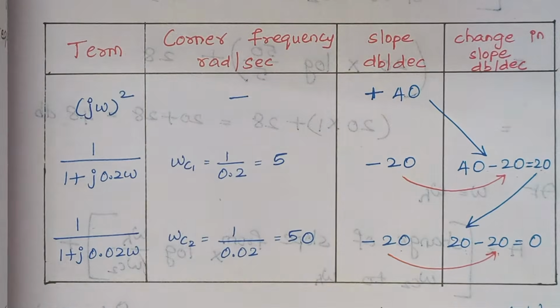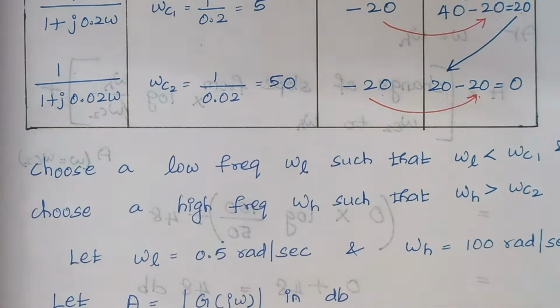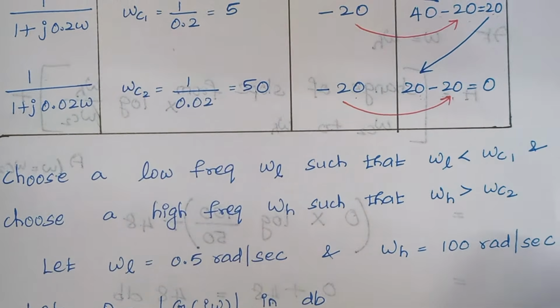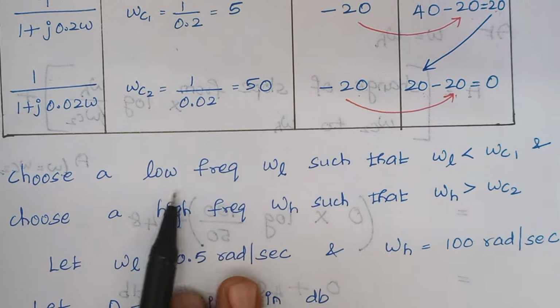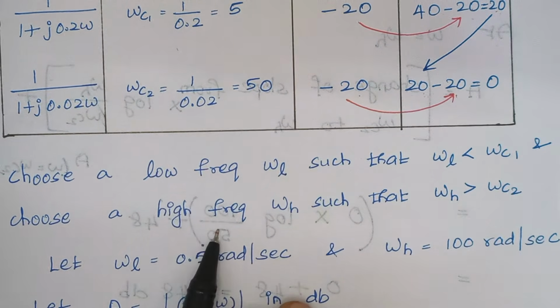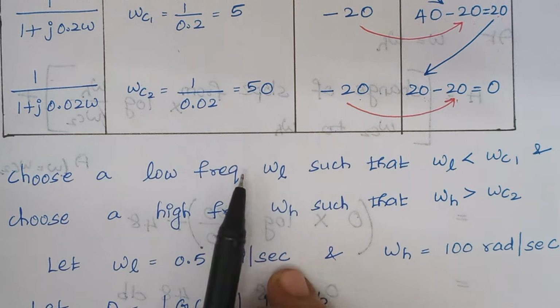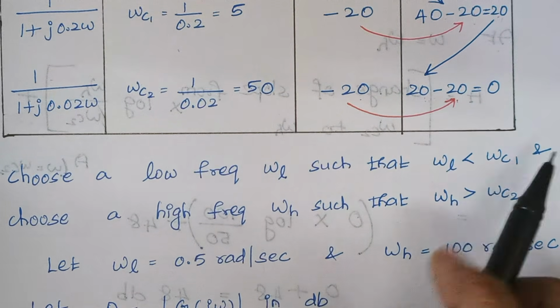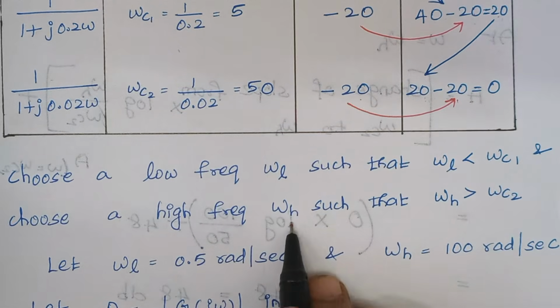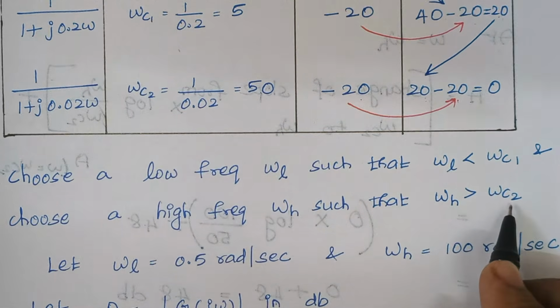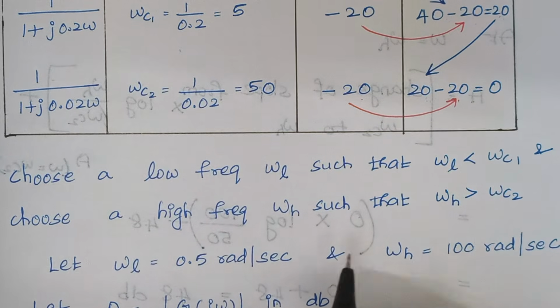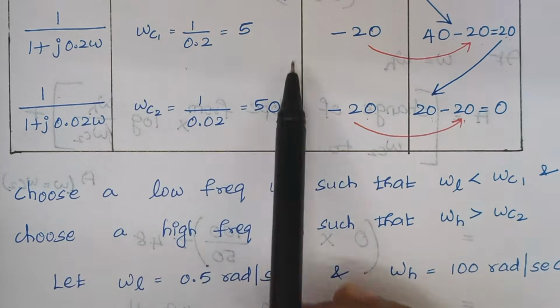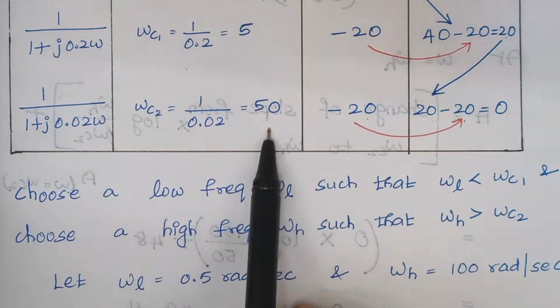Then the next thing is we have to select two frequencies, right? We have to select a lower frequency and a higher frequency. The lower frequency value should be less than your first corner frequency and the higher frequency value should be greater than your second corner frequency, right? Here what are all the frequency values? You see I am having 5 and 50.